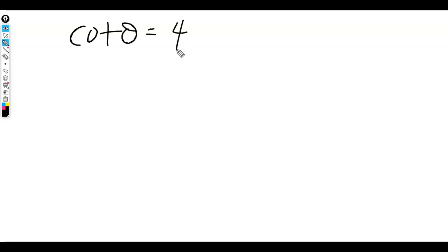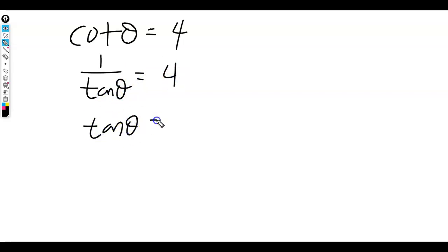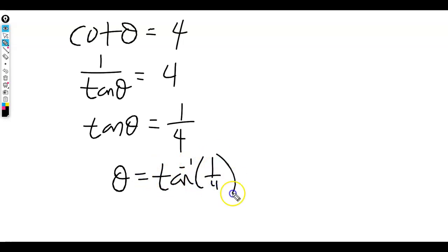So the first thing I'm going to do is change this to 1 over tangent. And then I'm going to flip it over. And then I'm going to arctangent. I get 14 degrees out of that.